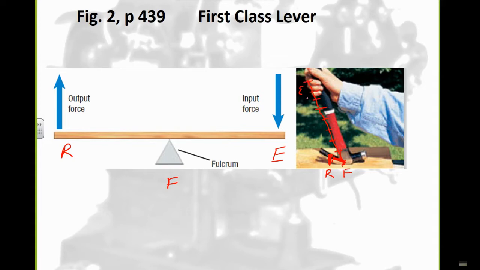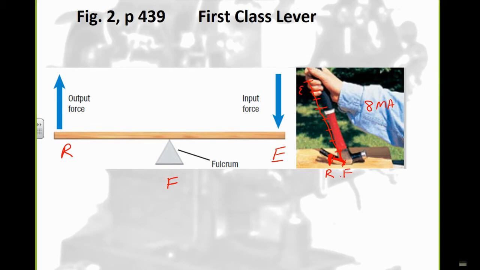So I've got 1, 2, 3, 4, 5, 6, 7, 8 maybe. So maybe my mechanical advantage is 8 because I've got 8 of those distances in my effort arm compared to my resistance arm. And so that can be really helpful to have an 8 times more powerful force pulling that nail out than you would have if you just tried to pull it out with your hand. So that can be pretty impressively different, right?